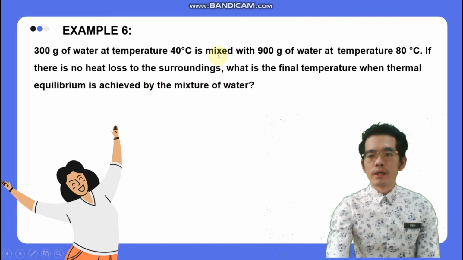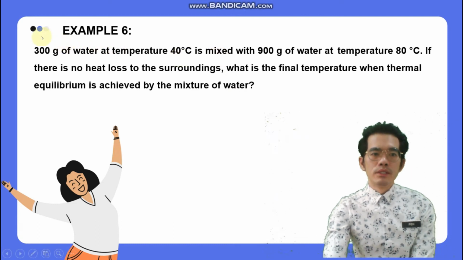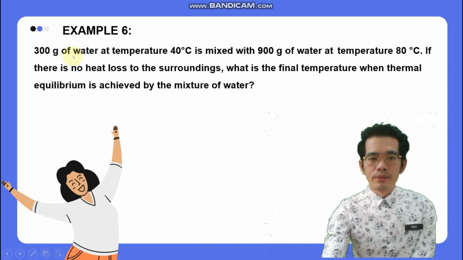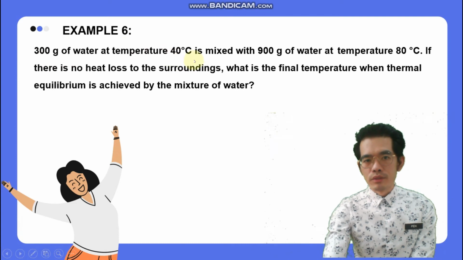So here you may imagine there are 2 cups of water. The first cup of water is about 300 grams and the temperature is 40 degrees Celsius, and both will have thermal contact, and heat transfer between these 2 cups of water will occur until thermal equilibrium is achieved.